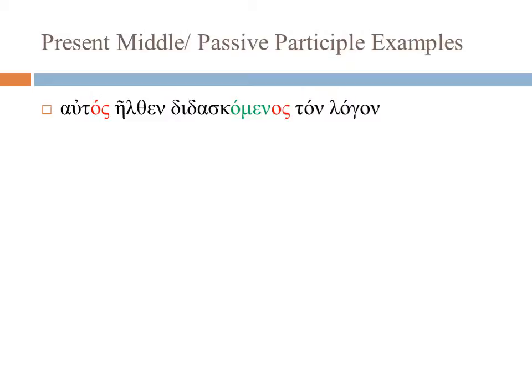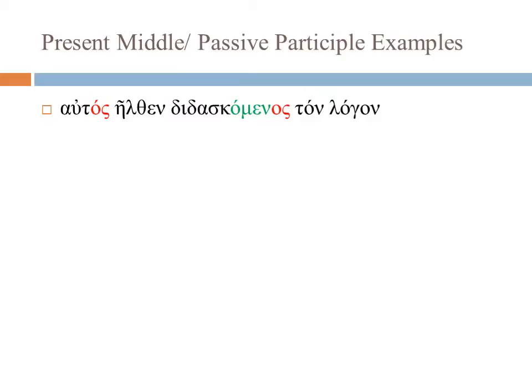And we know that, just like the ending of logos, this is masculine singular. So if this is identified with something, it must relate to a masculine singular nominative noun or pronoun. And we have one here, autos, he.